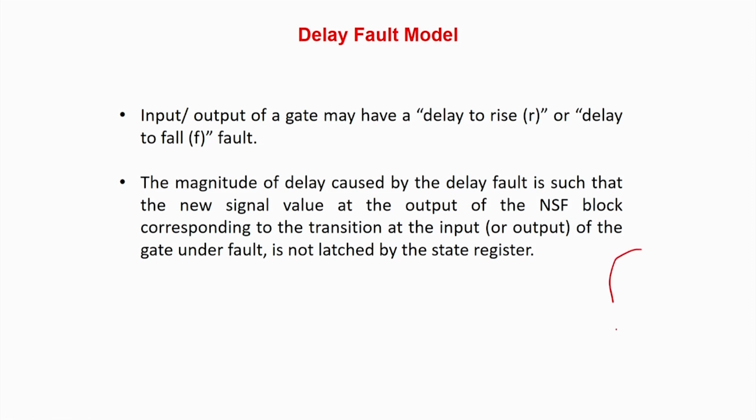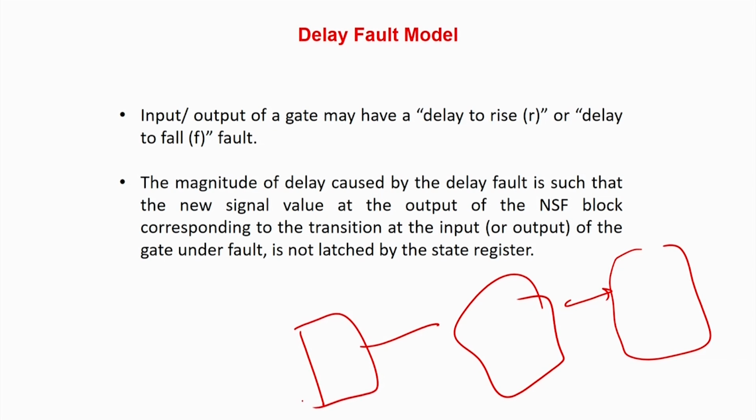That means what? Generally we have a flip flop here. We have a lot of combinational circuits over here, and another combinational circuit over here. The magnitude of the delay fault is such that the new signal, this block is called the NSF, the next state function block, or some combinational block. So you apply some inputs over here. This is your clock, this is your clock. Some input patterns come at this clock edge.